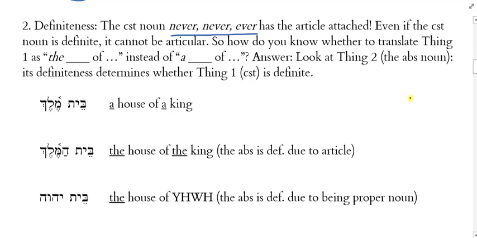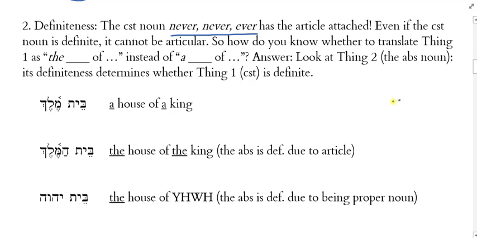If thing two is not definite, thing one is not definite. To put it another way, thing two's definiteness always determines the nature of thing one's definiteness. So you can't look at thing one, the construct form, and go, oh, there's no article, it's not definite. The reason being that thing one is never definite no matter what.